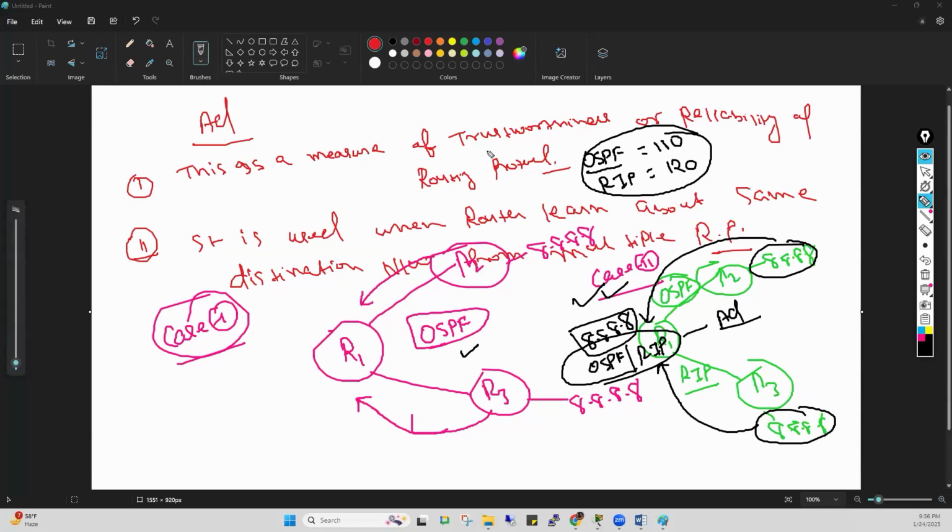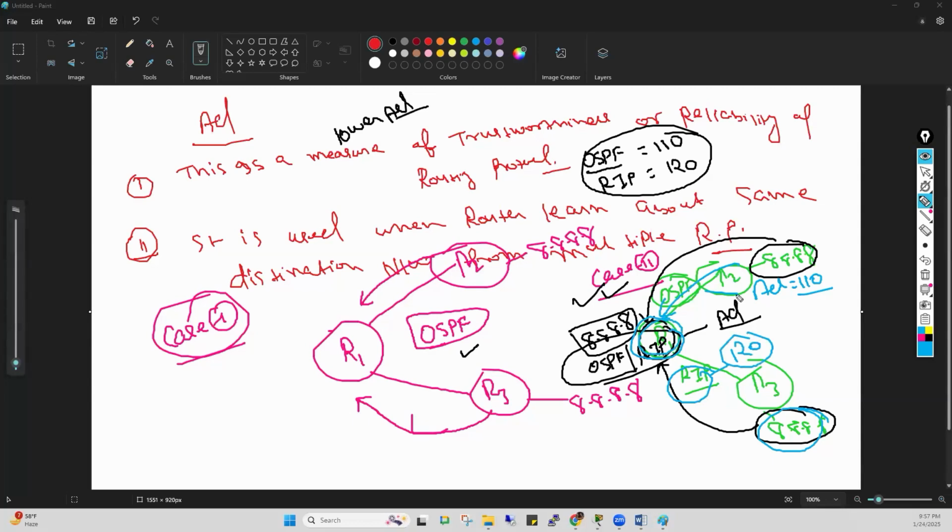In the fourth point, what you need to understand is that the router always prefers the lower AD value. It means this router receives the 8.8.8.8 information from OSPF, whose AD value is 110, and this router receives 8.8.8.8 from RIP, whose AD value is 120.